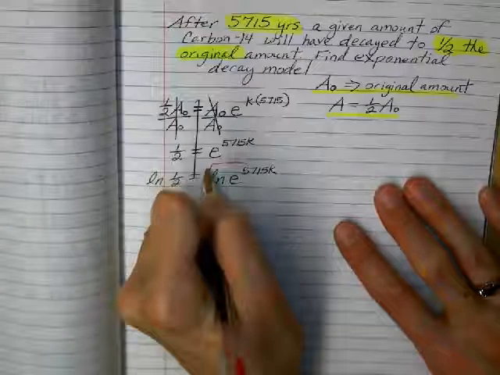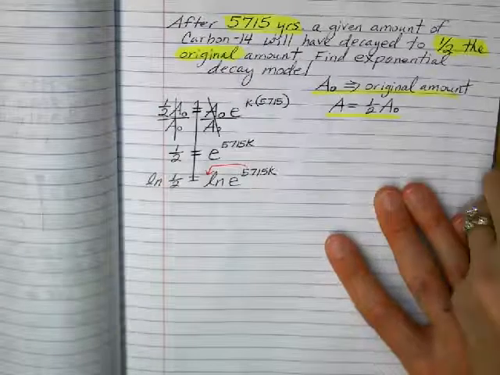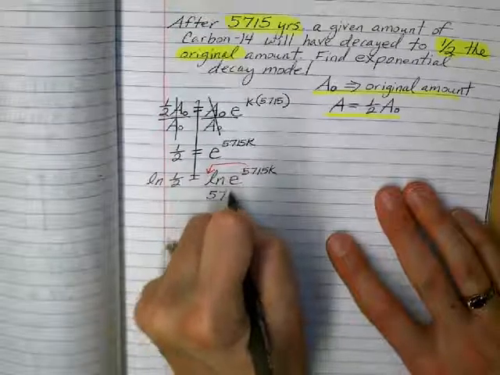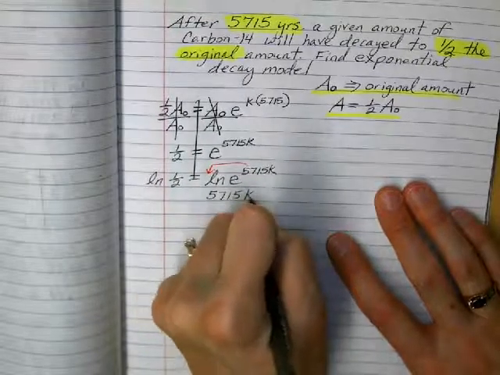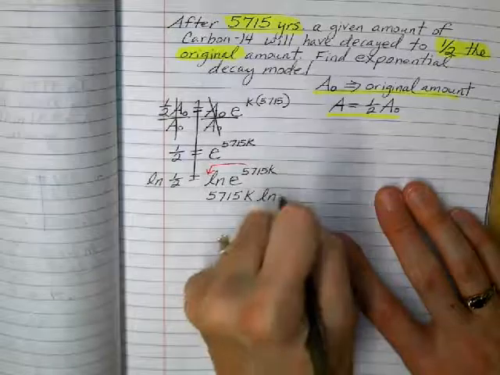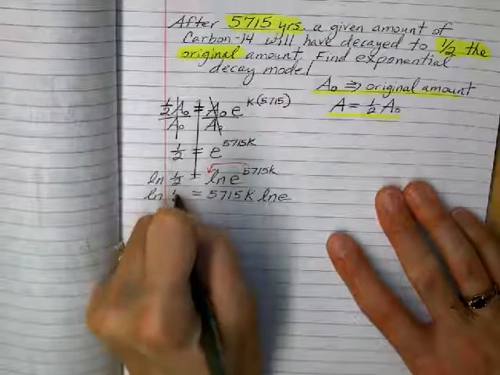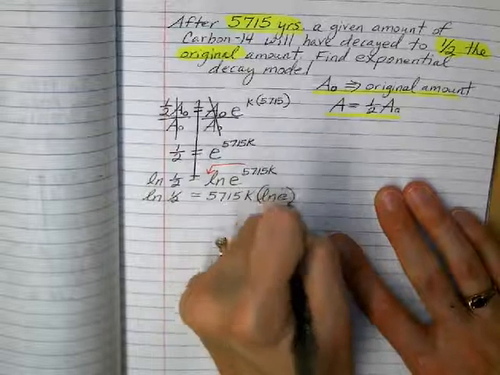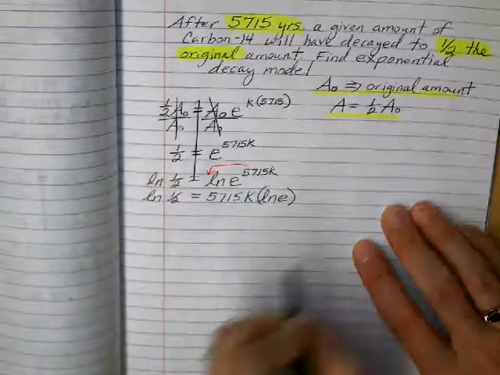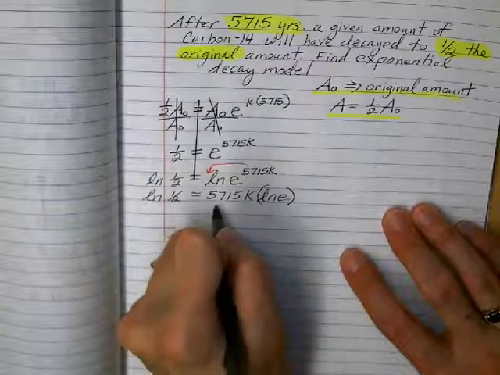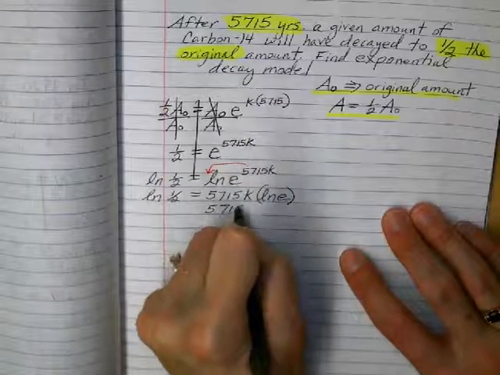So then you have 5,715k times ln of e. Ln of e is just 1. We have to keep talking about that over and over. This ln of e, that's just 1. So this is still 5,715k. Yep, this is 1, so that goes away.